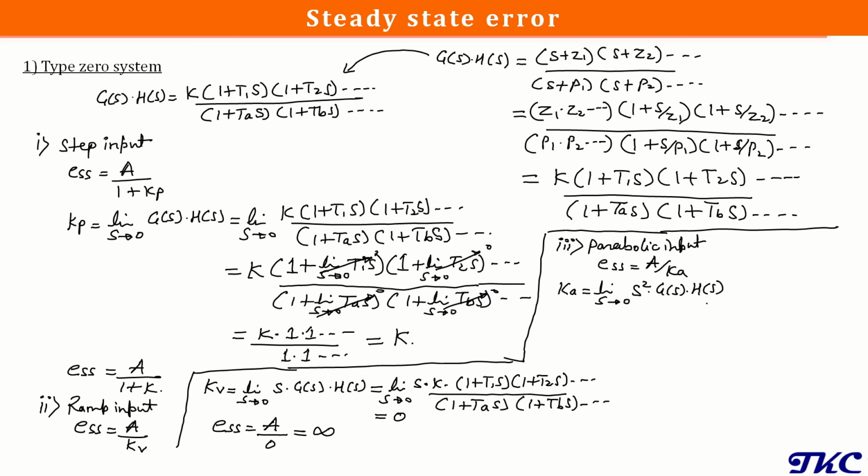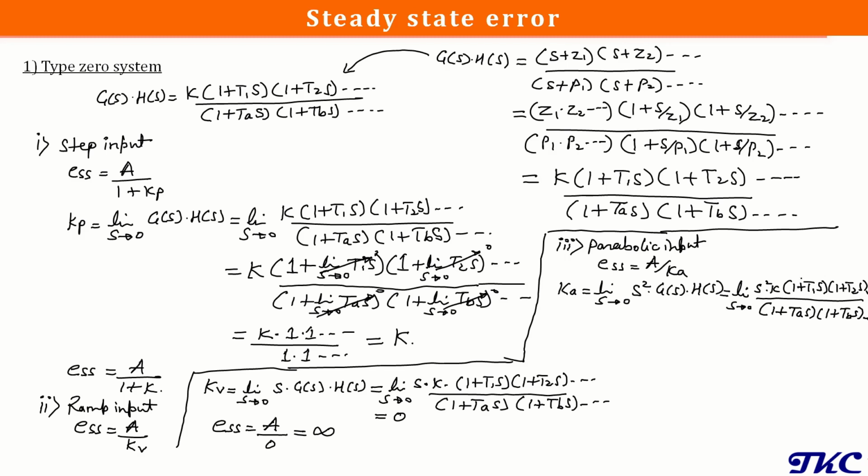We have to substitute the value. So it will be limit s tends to 0 of s square into k into 1 plus t1 s and 1 plus t2 s and so on, divided by 1 plus tas, 1 plus tbs and so on.